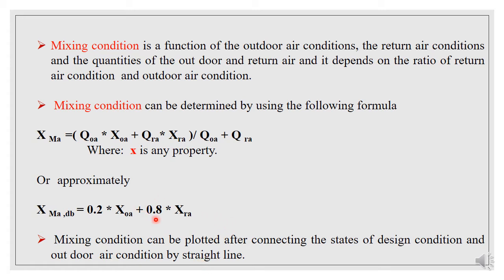And by using this, we know the ratio of the outdoor air to the return air, so you can actually measure the line and then draw the mixing point by using the ratio. Okay, so we can see this closely in the next slides.